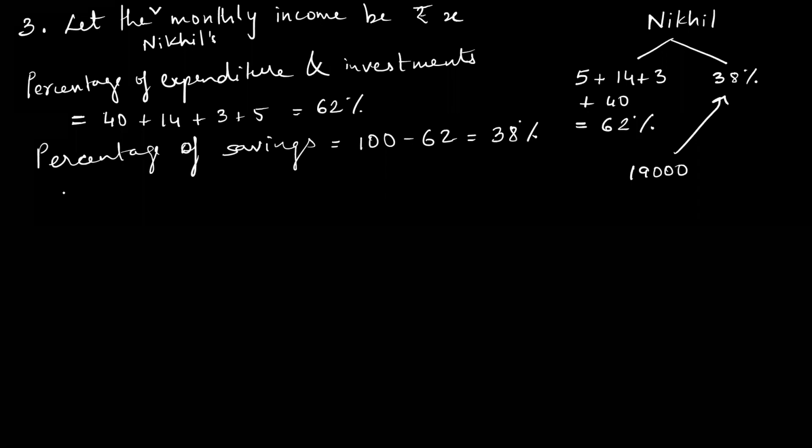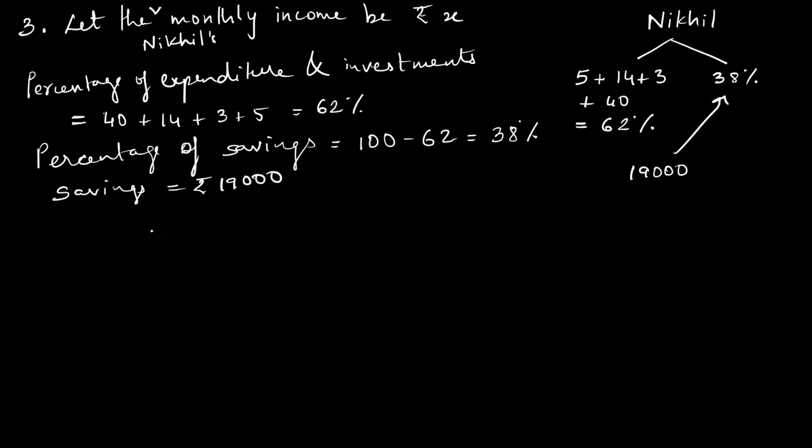Last statement, then savings is equal to 19,000. Now tell me, 19,000, is it 38% of X or 62% of X? It's 38% of X.